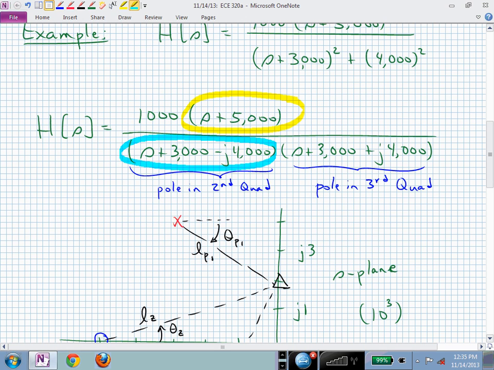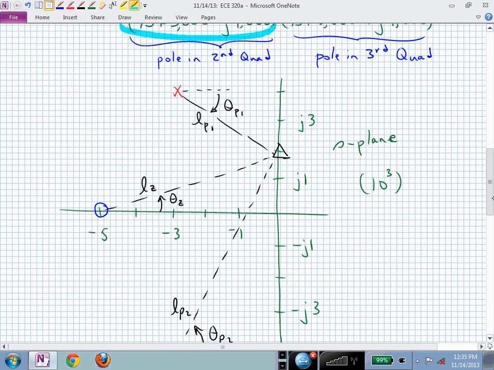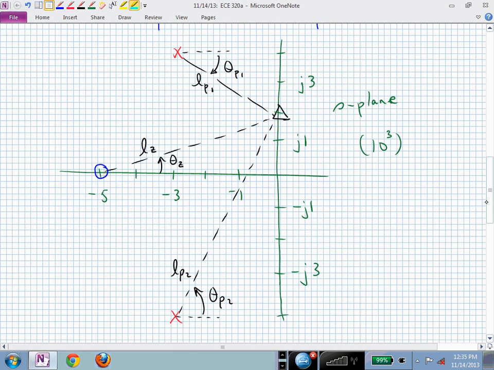And each of those factors produces a magnitude or a length or a distance from that particular singularity to the frequency in question, and it also represents a direction or an angle from that singularity to that particular frequency. And if you draw these diagrams to scale, you can get a visual perspective in terms of the angles and the lengths and how they contribute to the magnitude and angle of the overall transfer function H of j omega naught.